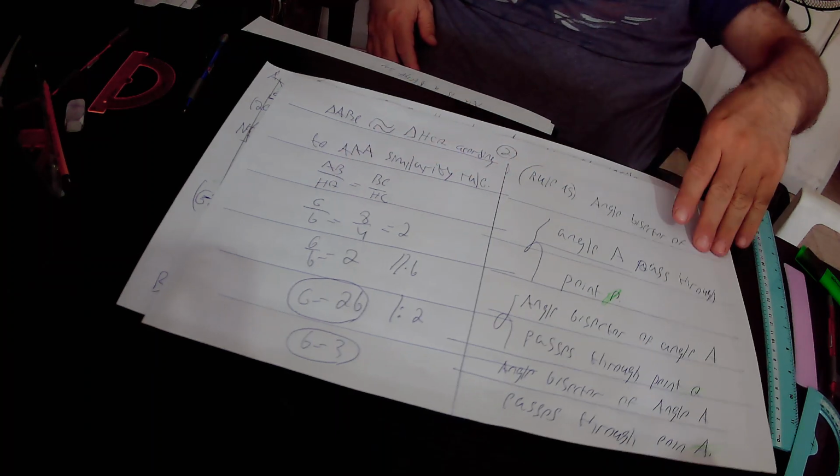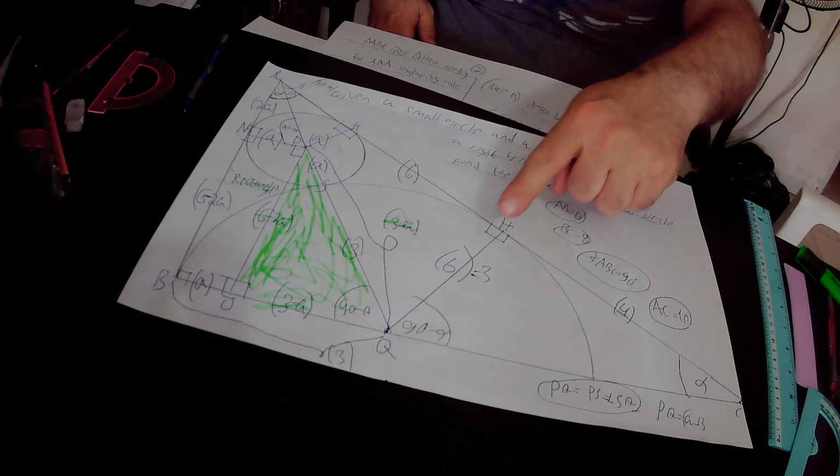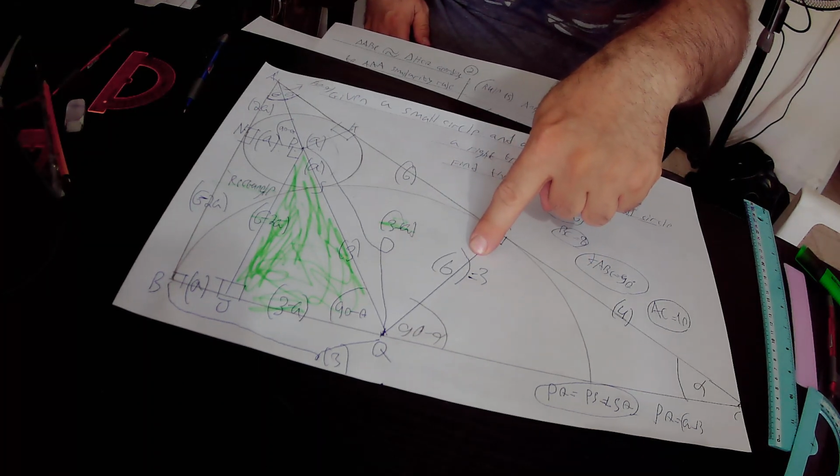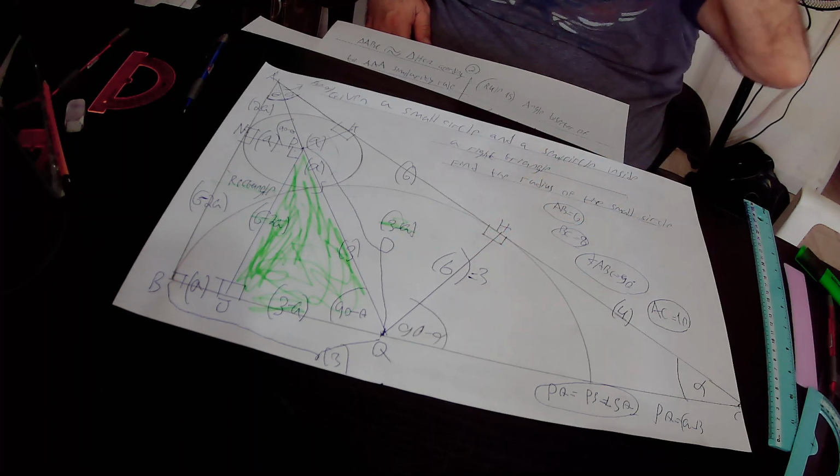AB is 6, HQ is the radius of this semicircle that is equal to B according to our definition.